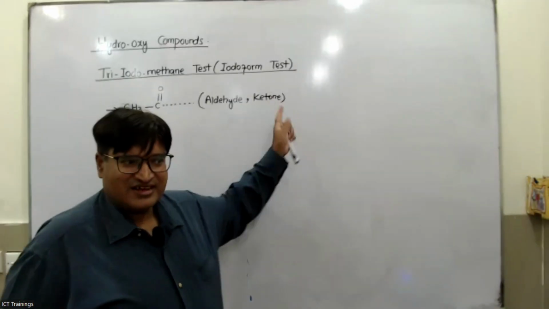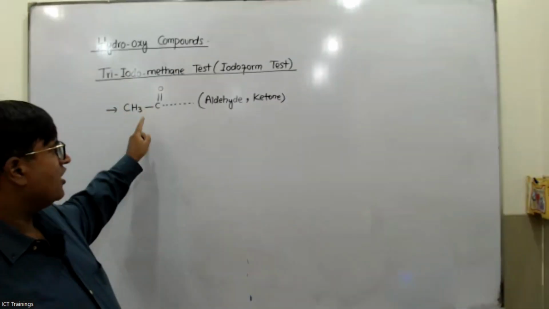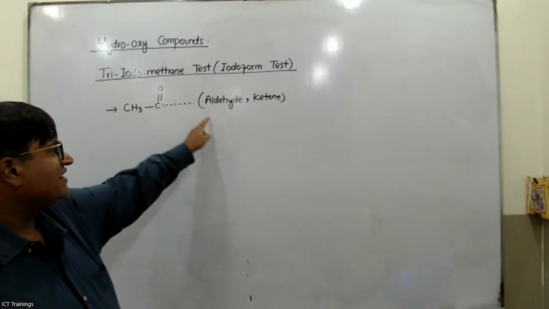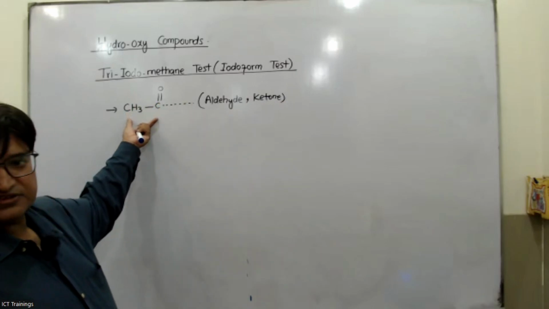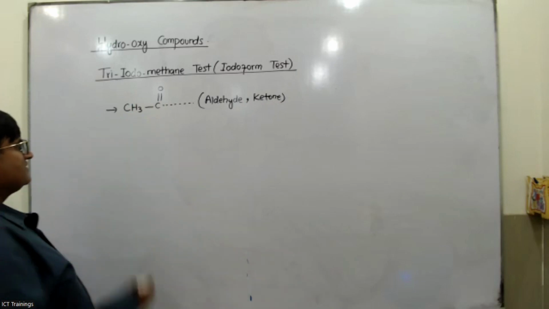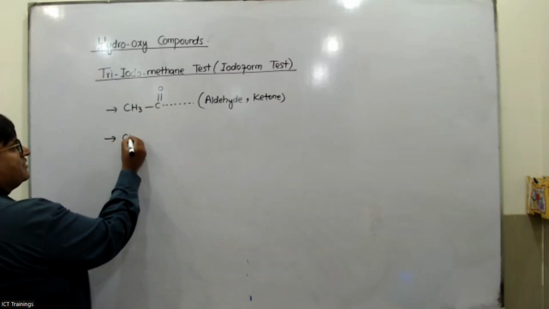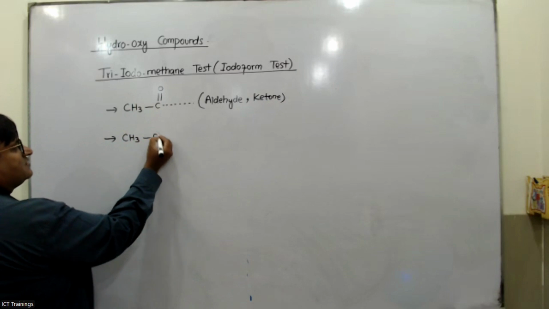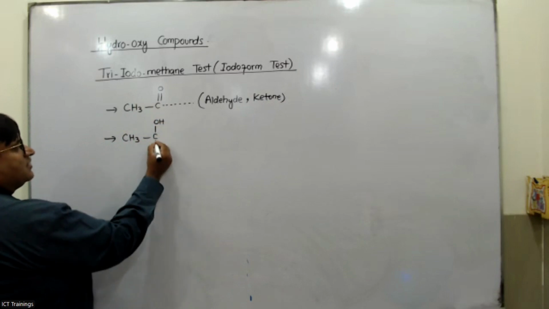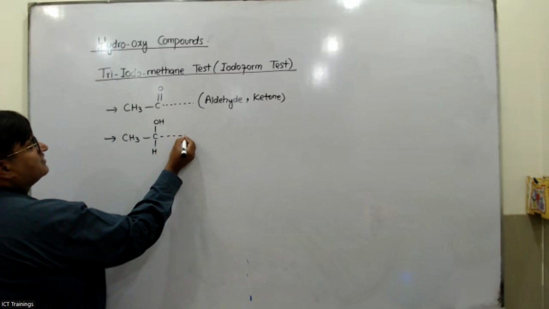This test can only be employed when you have aldehyde or ketone with this group present. The second one is CH3, C, O, H, and H, and the next chain continues.